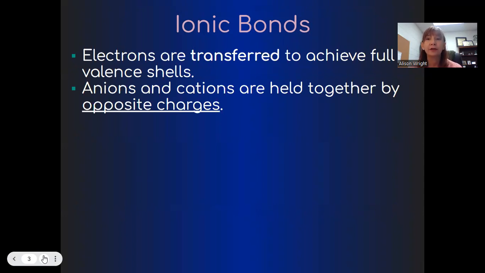They are held together by their opposite charges. The cation gives an electron or two or three to a nonmetal. The nonmetal then becomes an anion. Now they have opposite charges, and it's those opposite charges that cause them to be attracted to each other. It causes them to stick. This is the bond.